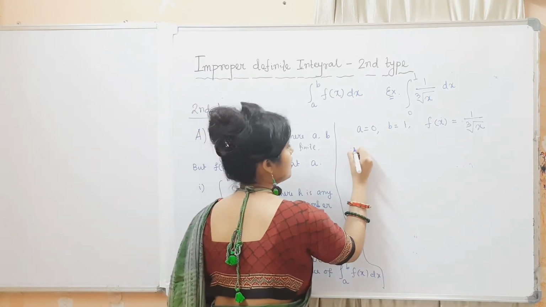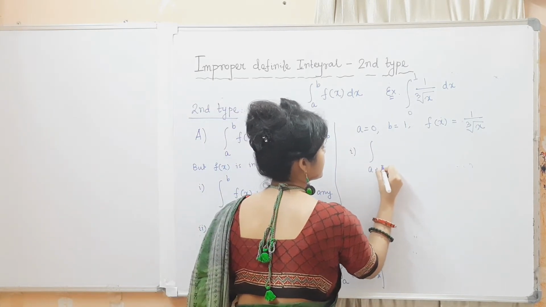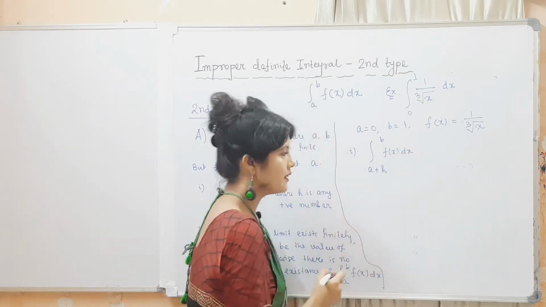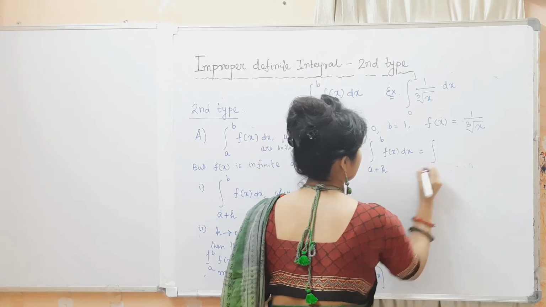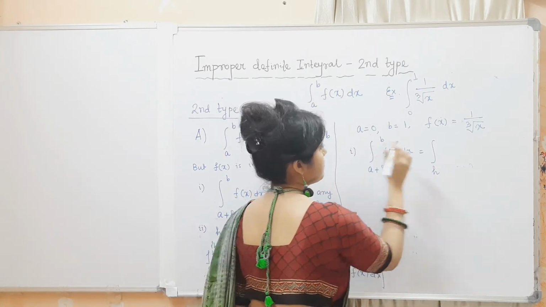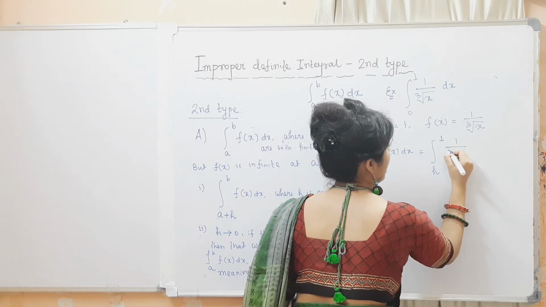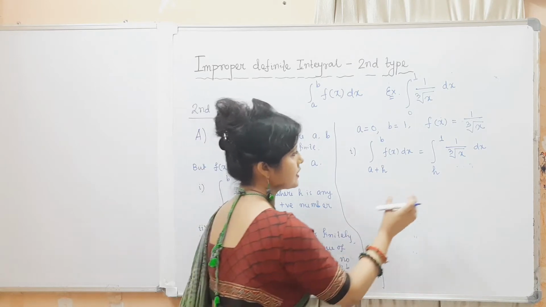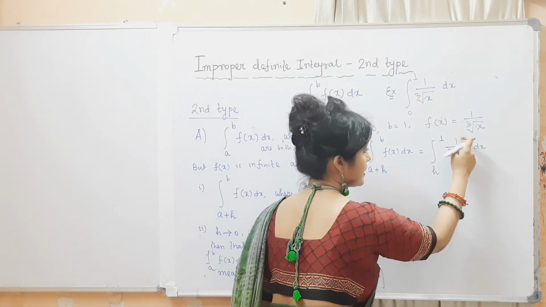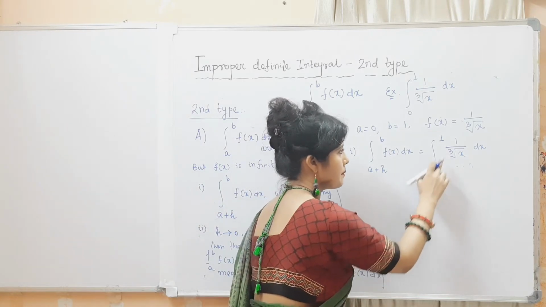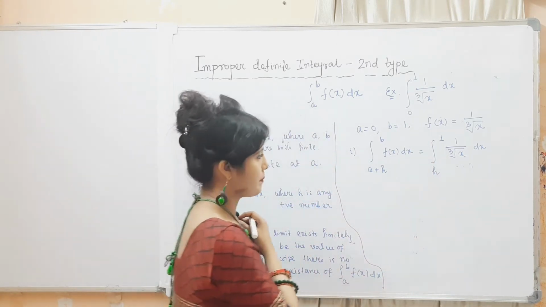So here a is 0, so 0 plus h means h, and b is 1, and this is cube root of 1 by x dx. So first you integrate within the limit h to 1, where h is the lower limit and 1 is the upper limit.